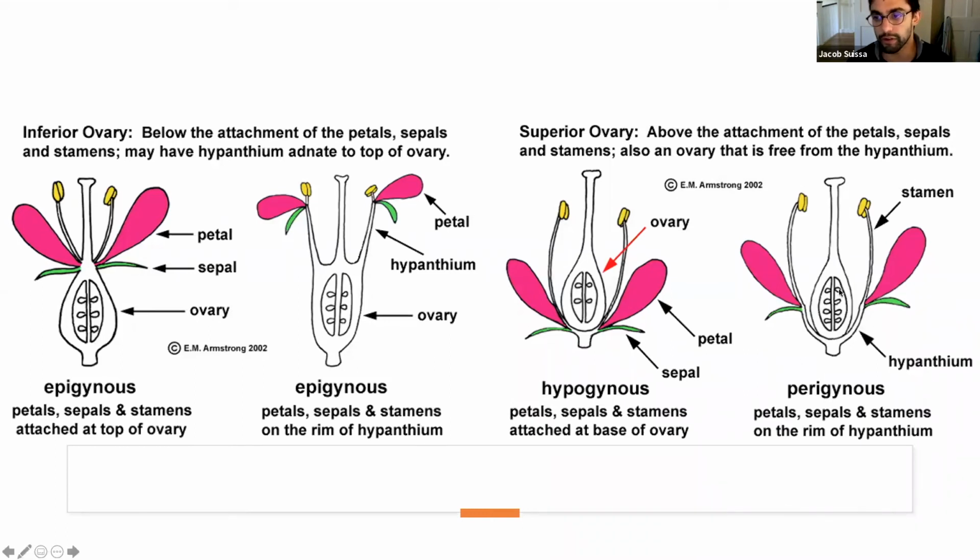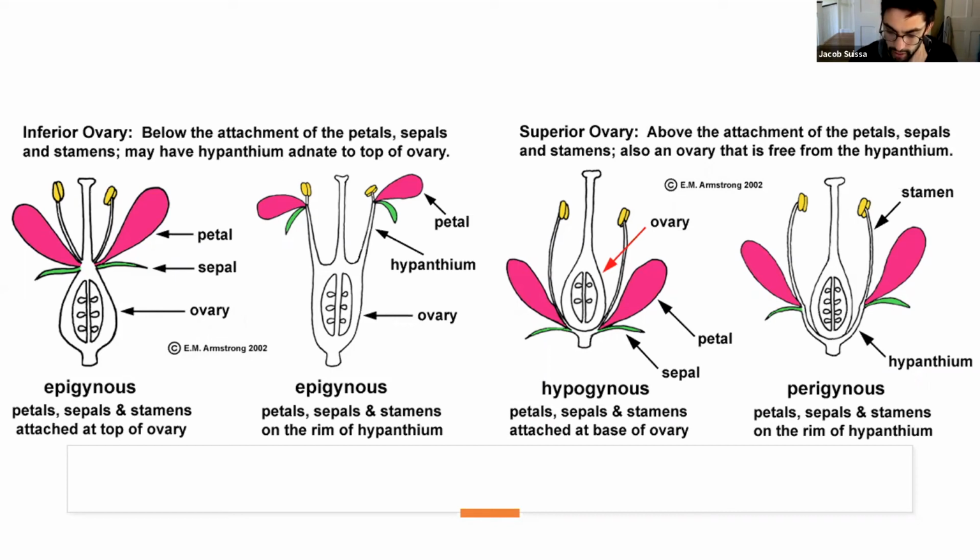So if we have a superior ovary, but we have fusion of all of the other floral parts into what's termed a hypanthium, which I'll talk about in a bit, it's called perigynous. And then on the other hand, we have inferior ovaries, where the ovary is below the floral parts. You can see that here really nicely. And there are ways when looking at the fruit to actually tell whether it's an inferior ovary or a superior ovary, and I'll get into that.